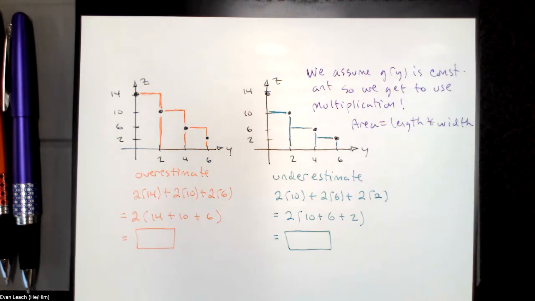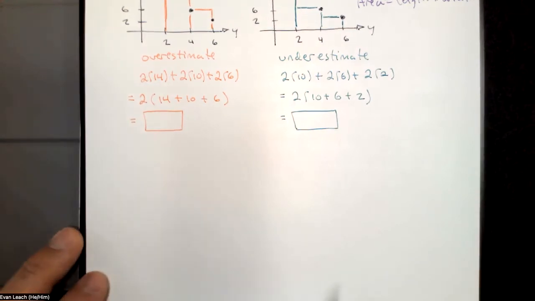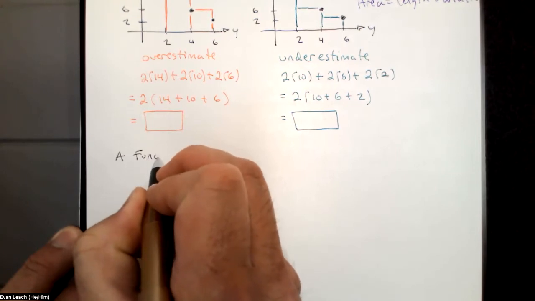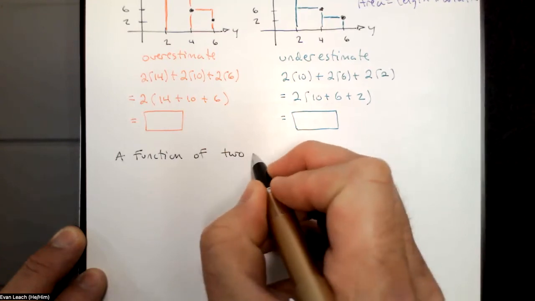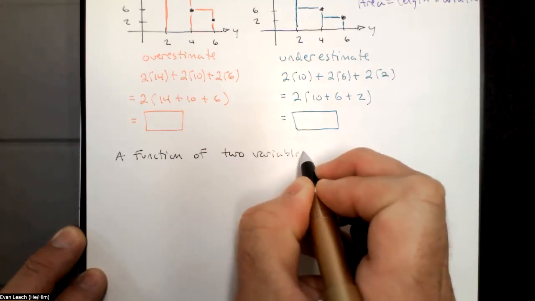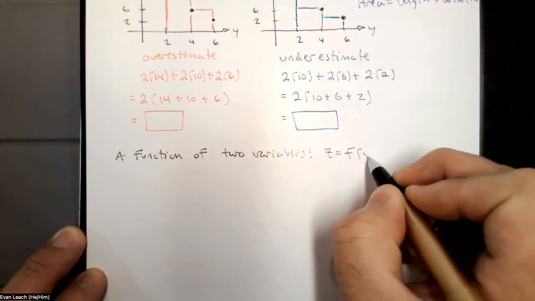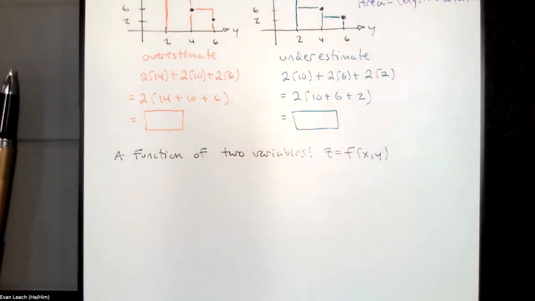Here's what we want to do now. I want to write z as a function of x and y.